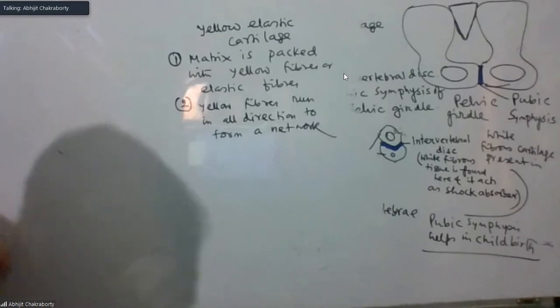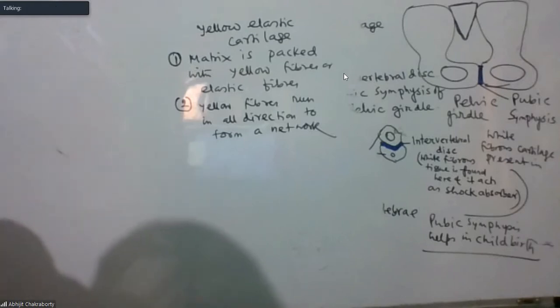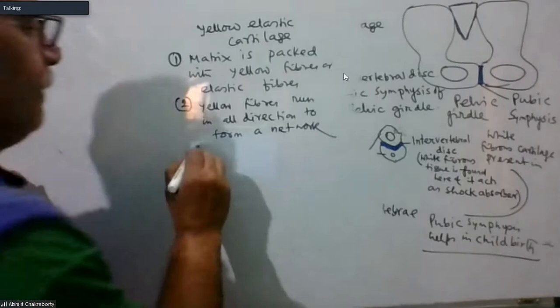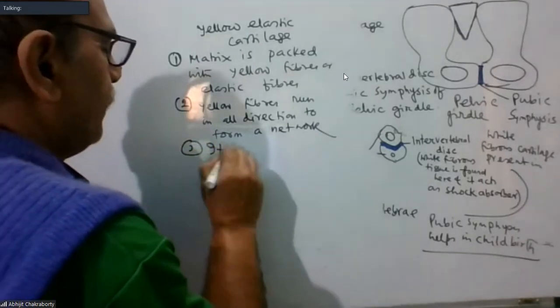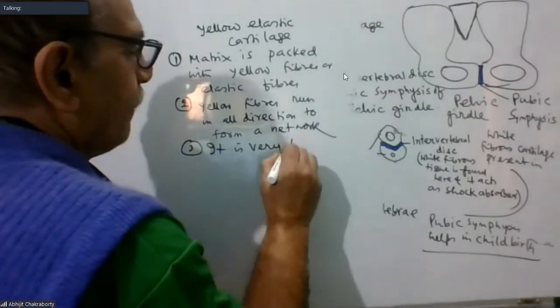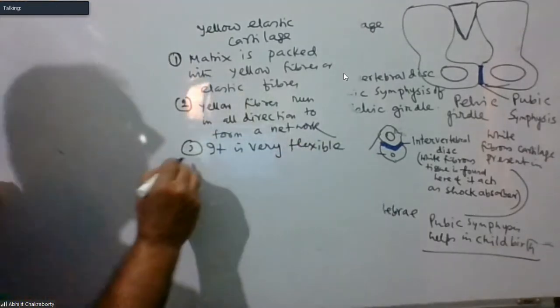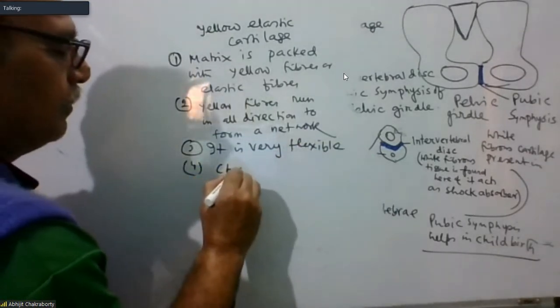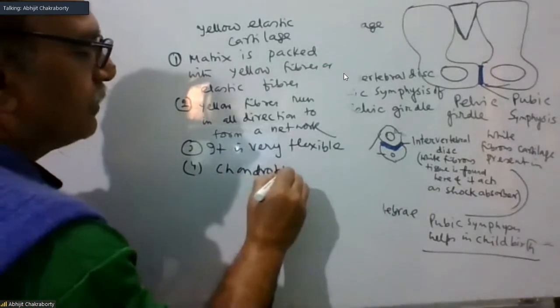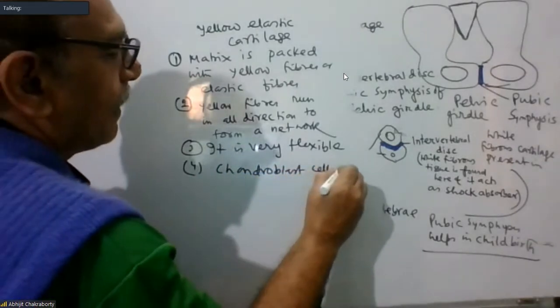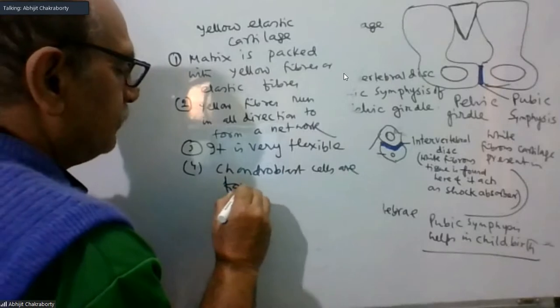So obviously, it is very flexible. Chondroblast cells are found.